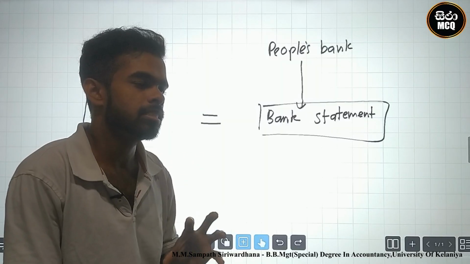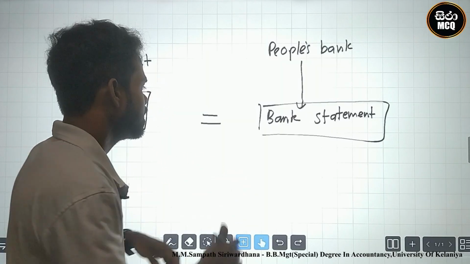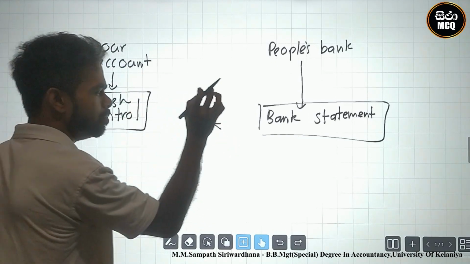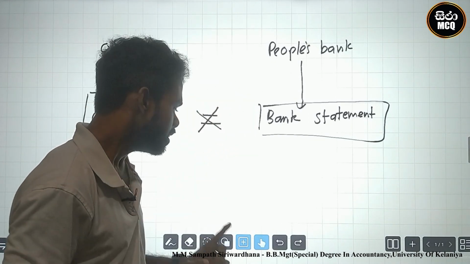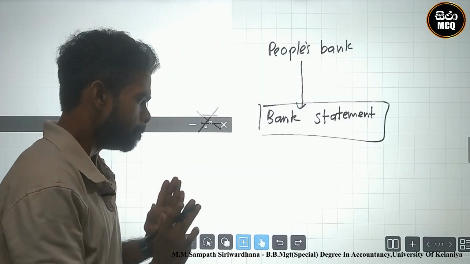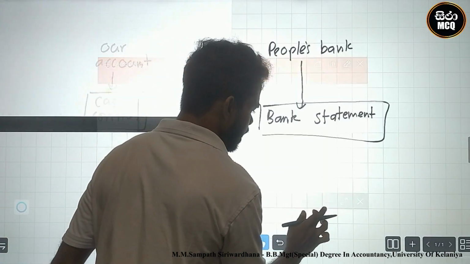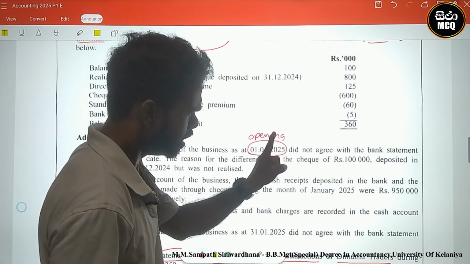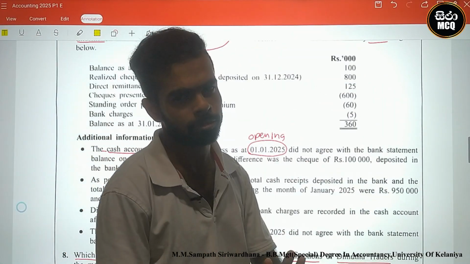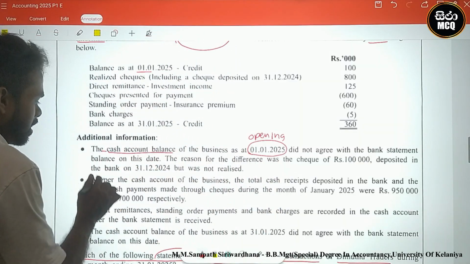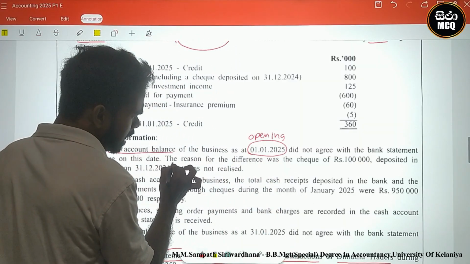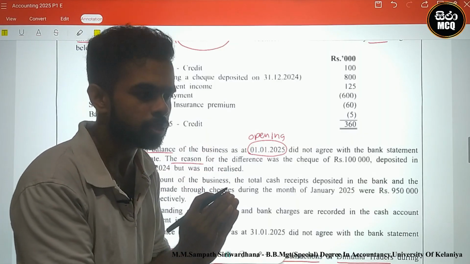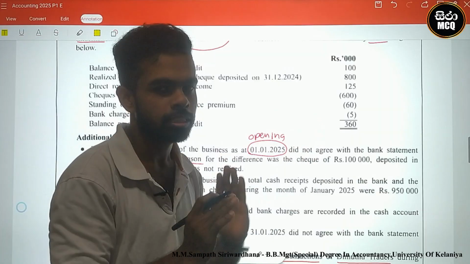But there are some reasons; sometimes there is a difference between cash control and the bank statement. In that case, this question said that the opening date did not agree with the bank statement. Okay, look here. The reason is that there is a difference between the cash control account and the bank statement.